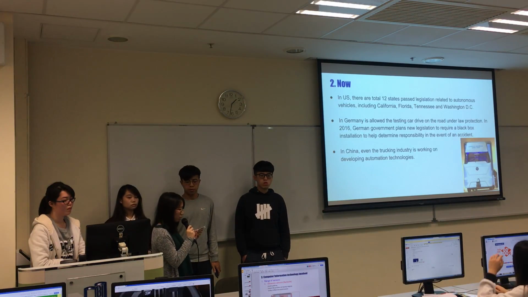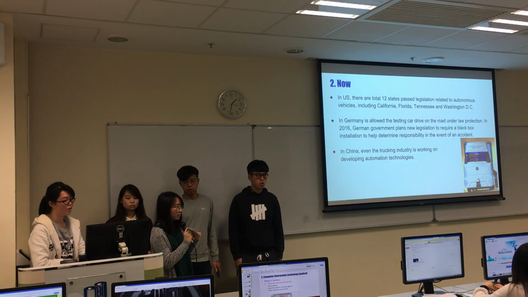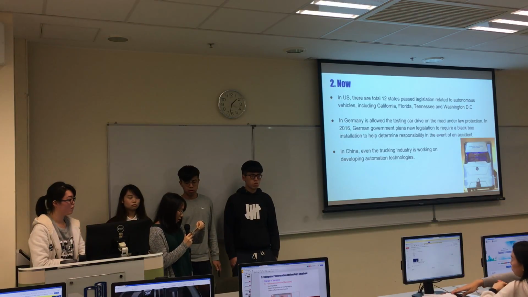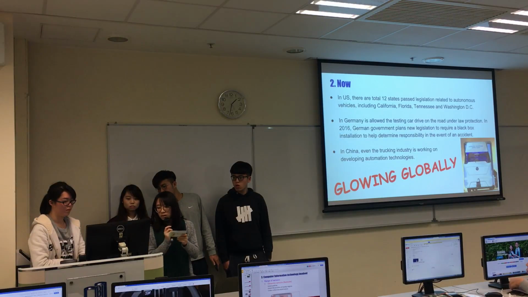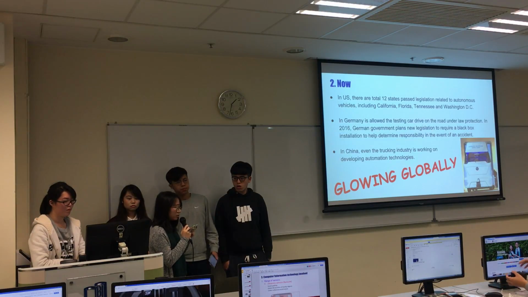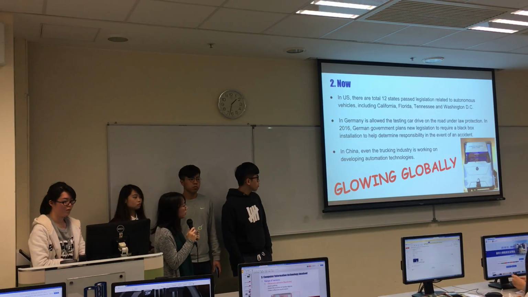It is now working on an automatic trucking platform in order to replace the original trucks. Thus, it can be seen that the development of the autonomous car is not confined to a specific country, but is going global.